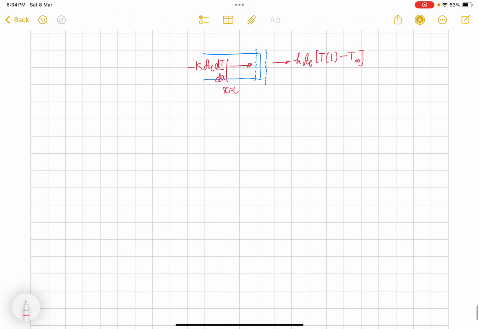Right. So this will be the boundary condition for this case. All right. This should balance, right? They should be equal to each other.